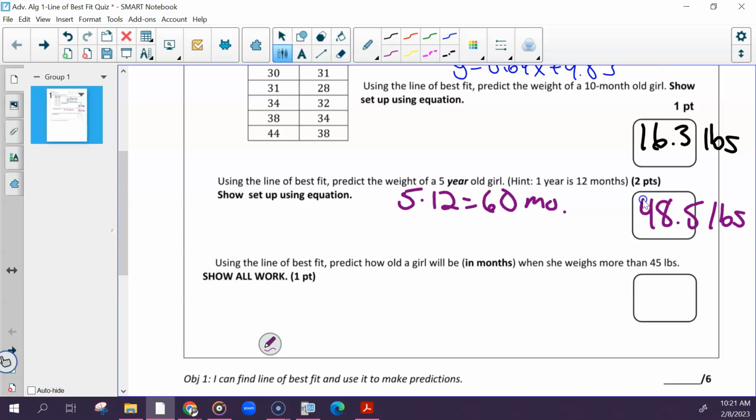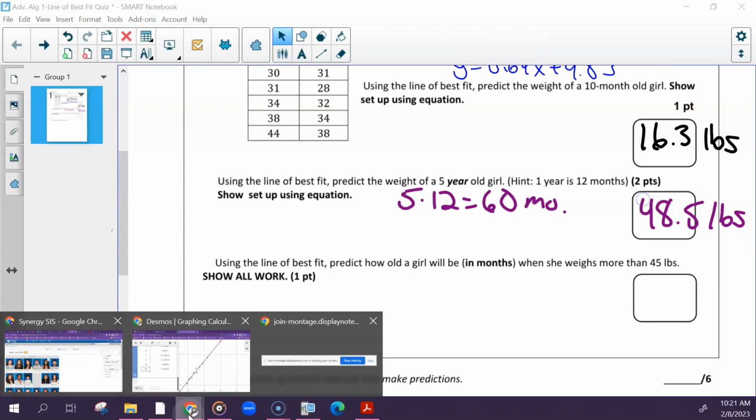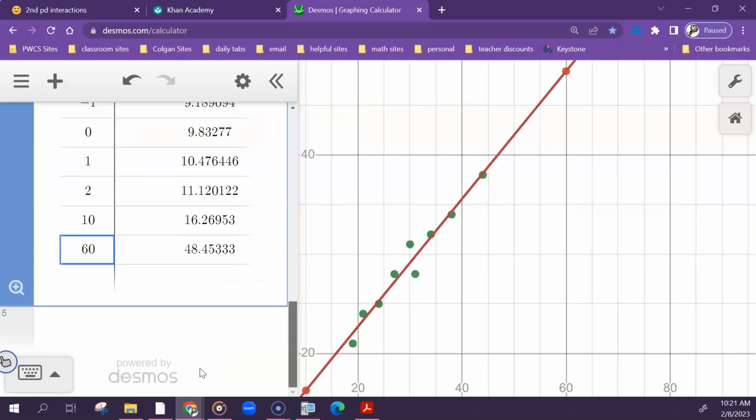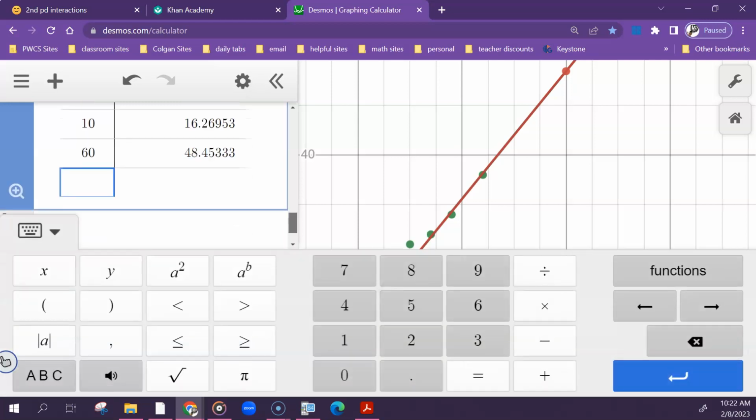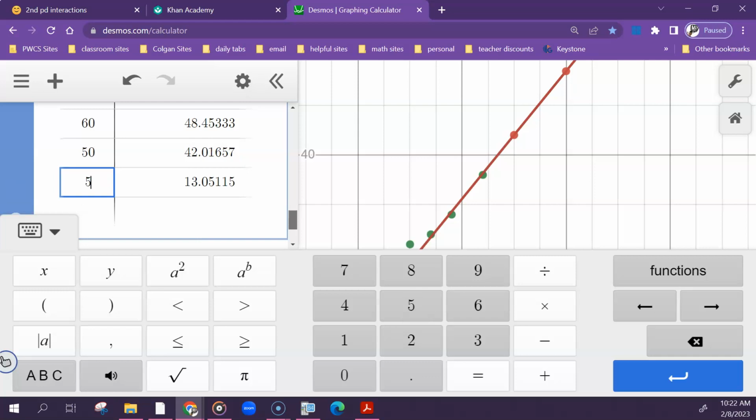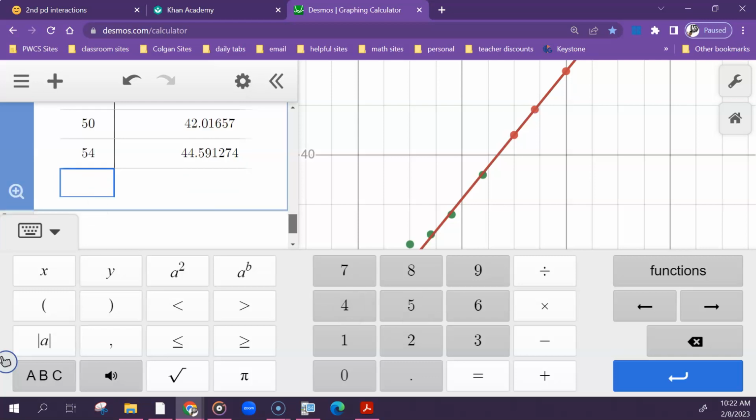And then if you're still using the table for this last one, now we're looking for how old the girl will be in months when she weighs more than 45 pounds. So on Desmos, you kind of have to play a guessing game. We know it's at 48 at 60 months. So let's say 50. Okay, close. 54, close, 55. Put it right over.